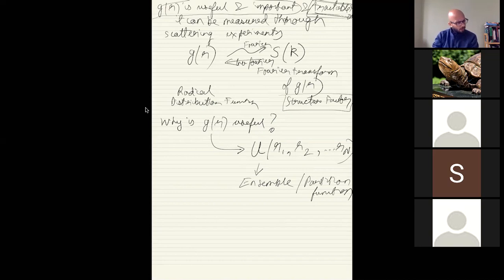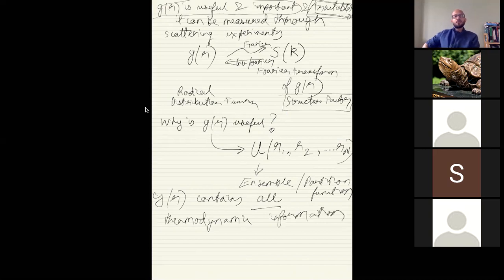So G of R contains all, and that's a bold claim, it contains all thermodynamic information. It's complete. If you measure G of R, you can calculate free energies, entropies, whatever you want. That's why it's so important.